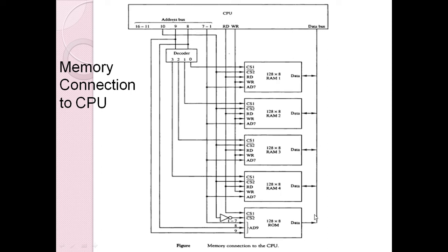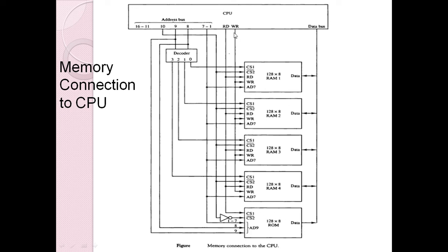So in the simplest way, you can connect the data bus with all the chips. When you want to write, the data bus will have the data which is to be written in RAM, and when you want to read, the data will go to the data bus. So this is an 8-bit data bus. These read and write signals go to all four RAMs, and they are not applied to ROM.